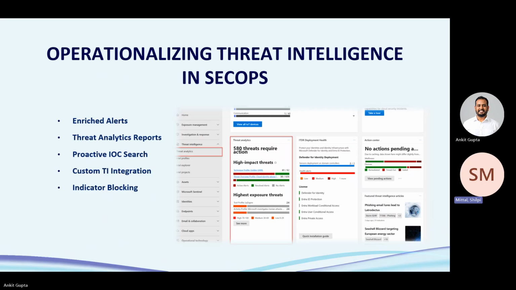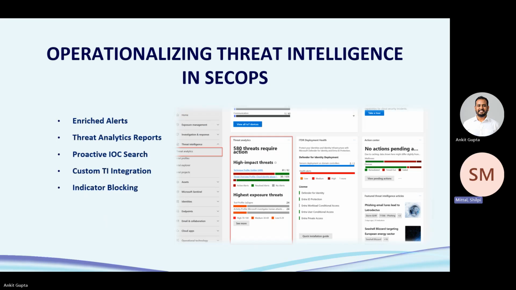Threat analytics reports provide tailored intelligence on new threats, including attack details, IOCs, and mitigation steps. They appear directly in the portal and often include hunting queries, making it easy for SOC teams to act quickly.